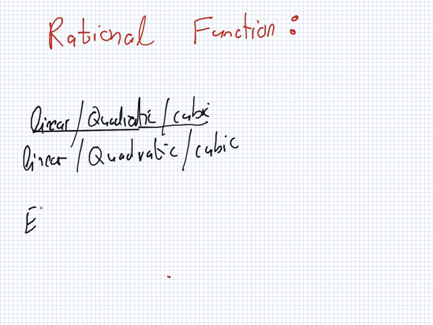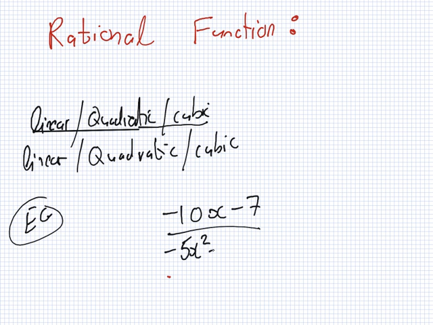So an example of a rational function would be this: minus 10x minus 7 over minus 5x squared minus 7x minus 8. This is a rational function. Reasonable. Got that?